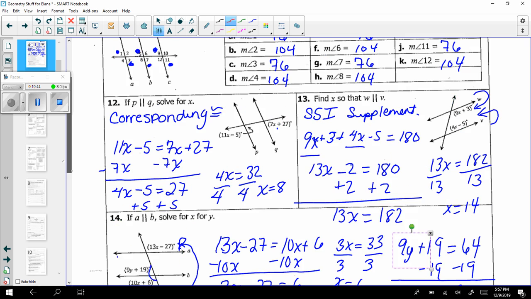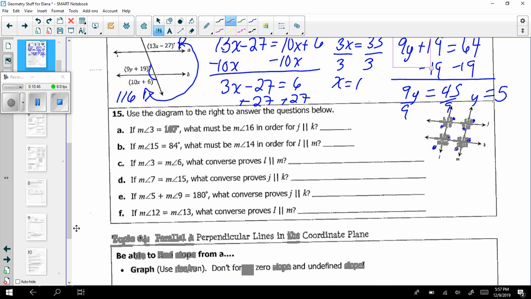If they're the same color, then I'm going to assume that they're congruent. And if they're different colors, then I'm going to assume that they're supplementary. Okay? This is just a trick I've learned throughout the years. It helps me a lot.